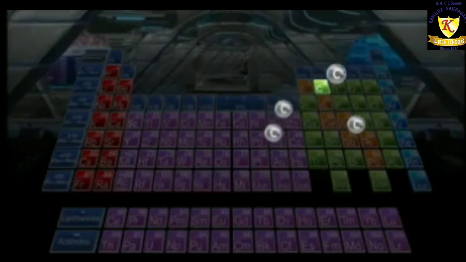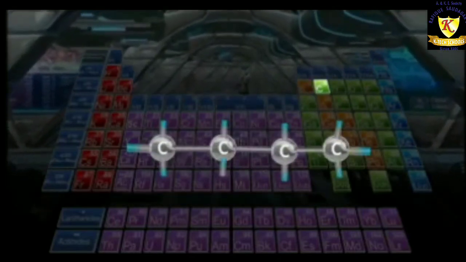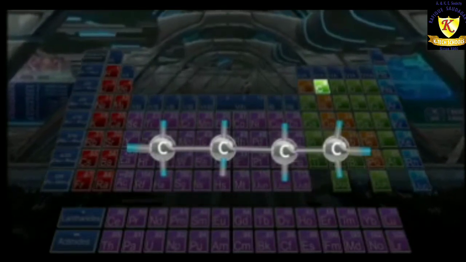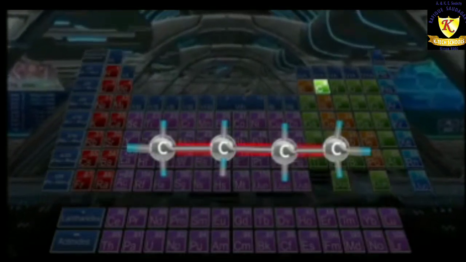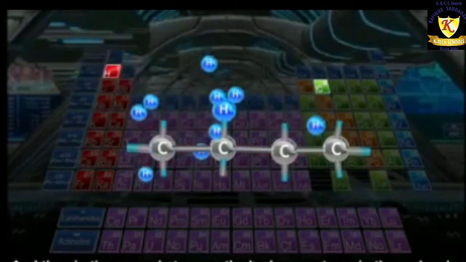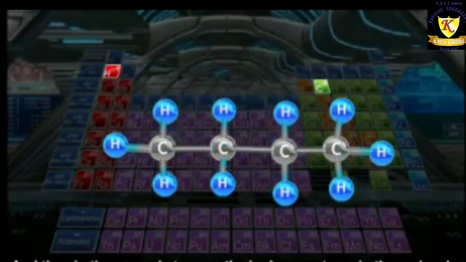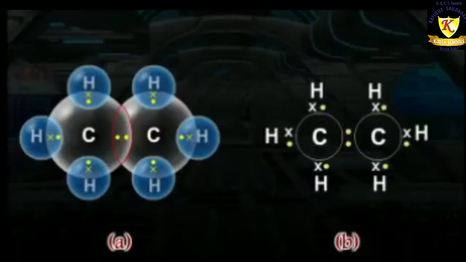The first step in writing the line structure of a hydrocarbon is to join the carbon atoms in a molecule with a single bond. And then in the second step, use the hydrogen atoms in the molecular formula so as to fulfill the remaining valencies of the tetravalent carbon atoms.